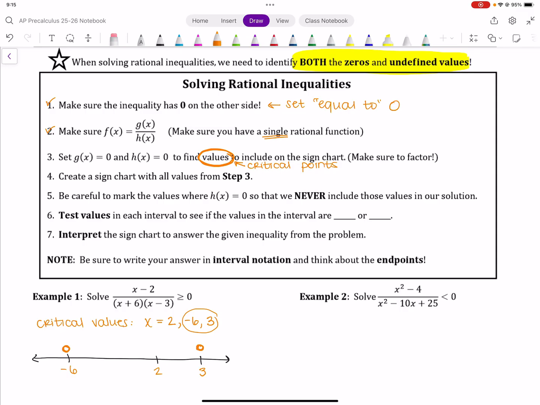We can be equal to the critical value from our numerator, so we'll put a closed circle to remind us we can include 2, but not -6 or 3. So that is the beginning of our sign chart, and we have marked where h of x equals 0, so we don't include those. So once again, we can include the zeros, but not our vertical asymptotes.